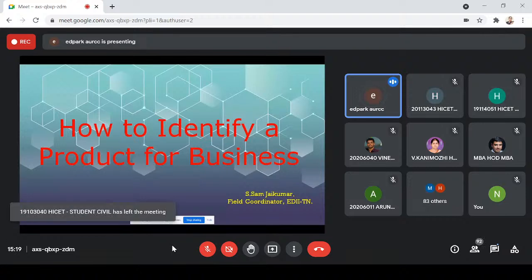So in these three categories, people will look into the market. Apart from this, a question arises in my mind while looking at this topic: how to identify a product or a service for a business. That's always quite interesting. So how to identify a product?